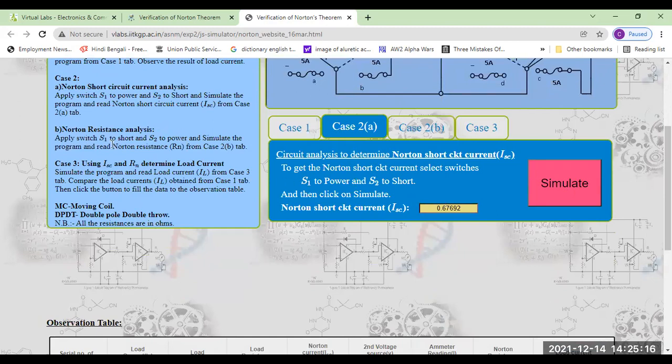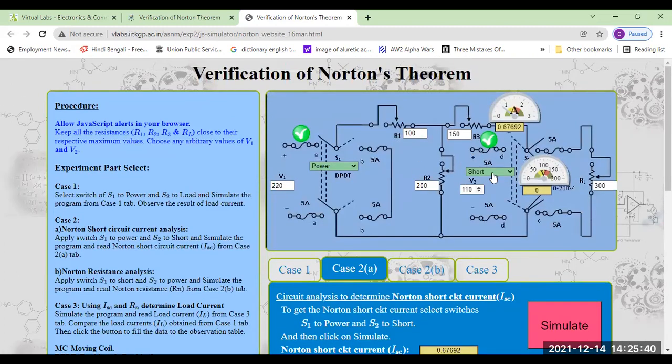Now Norton resistance. Apply S1 to short and S2 to the power, simulate the program and read the Norton resistance Rn in case 2b. Actually, why is this voltage source given?